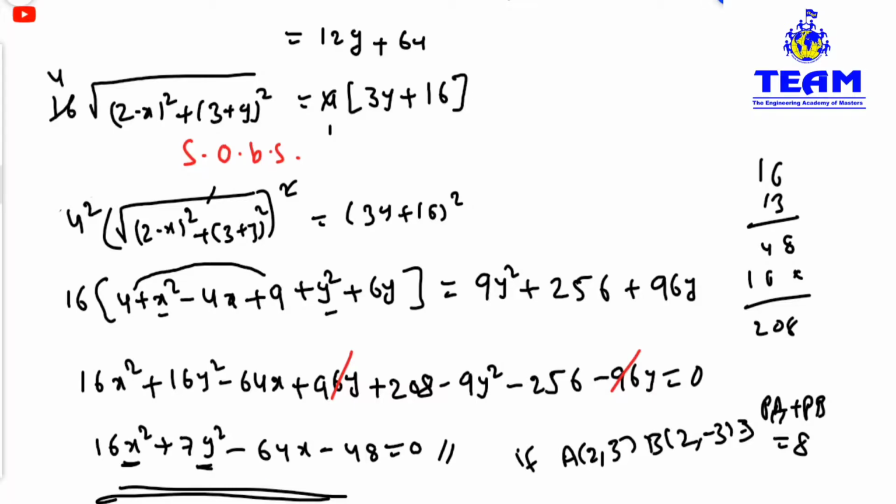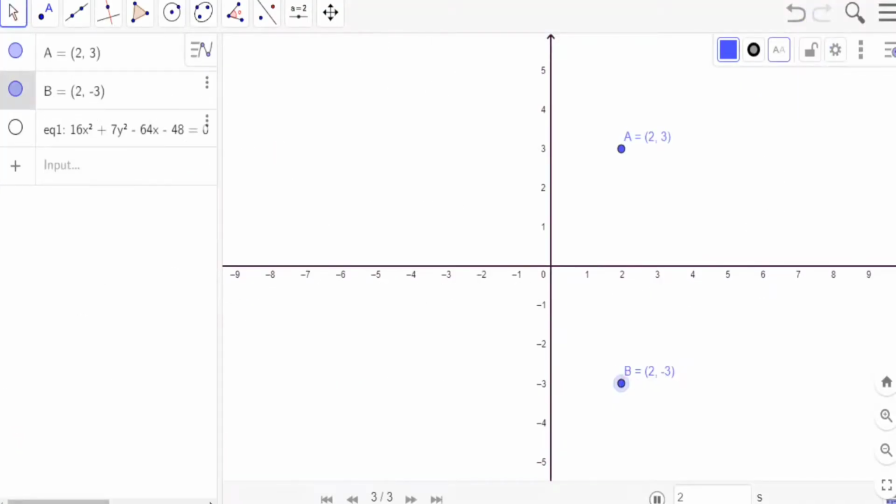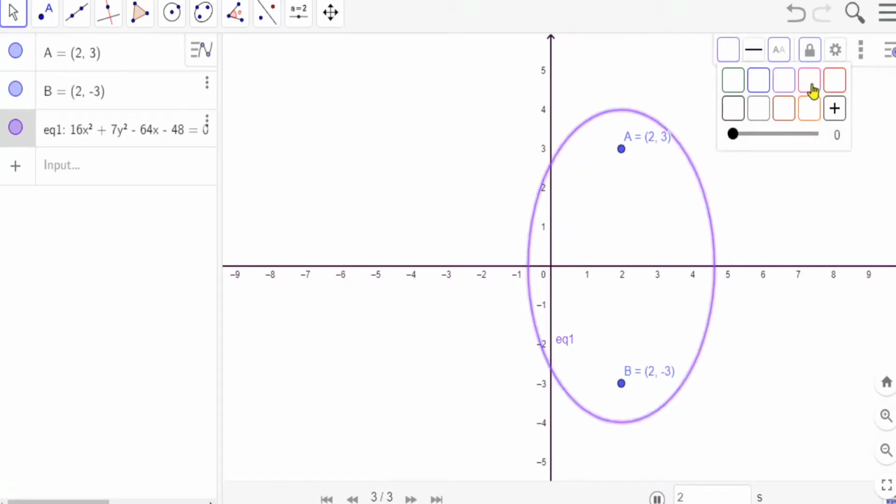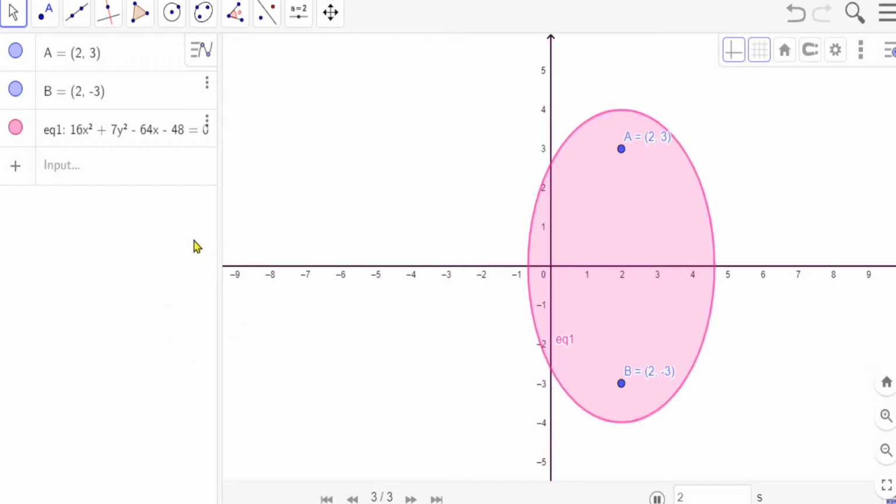Okay friends, now you see, 16x square plus 7y square minus 64x minus 48 is equal to 0 gives an ellipse.